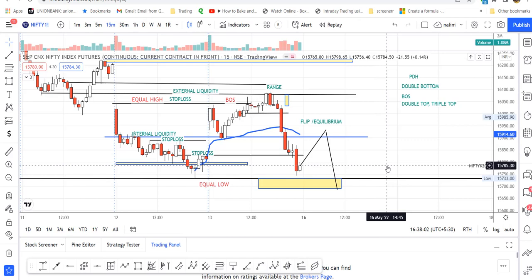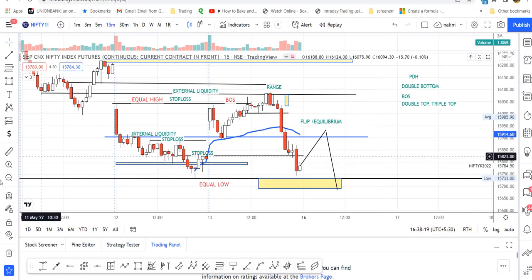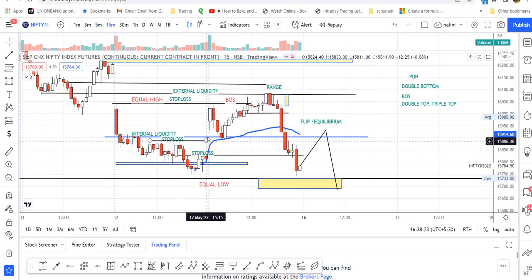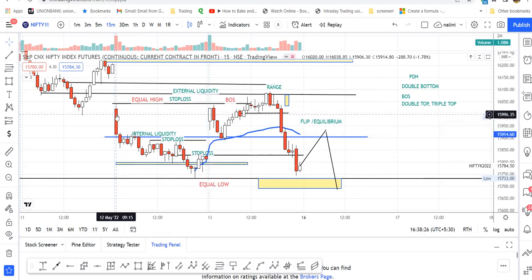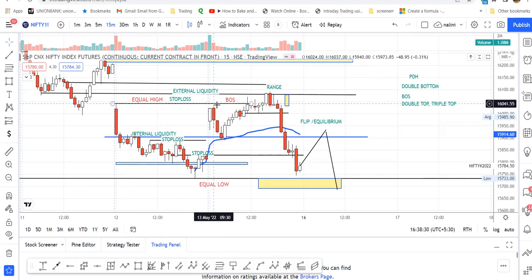The levels where the liquidity hunt will take place are near double bottoms, previous day highs, previous day lows, double tops, triple tops. In all those areas a liquidity hunt will take place. See, once all the stop losses have been hunted, it has gapped up, to the level of the previous day high.